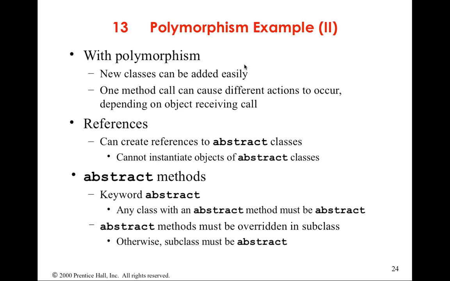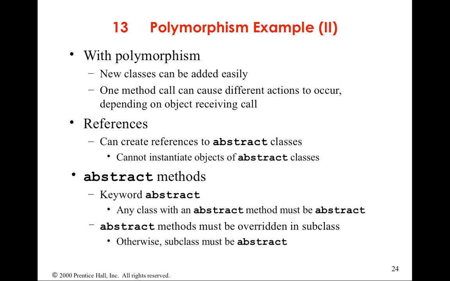Referencing, hopefully we know about references, can create references to abstract classes. That's what I just mentioned a few minutes ago. You can't instantiate objects of abstract classes, but you can reference the abstract class. Going back to the example I just gave you, that would be like taking a teacher or a student and referencing them as a person, and person is an abstract class. That's legal.